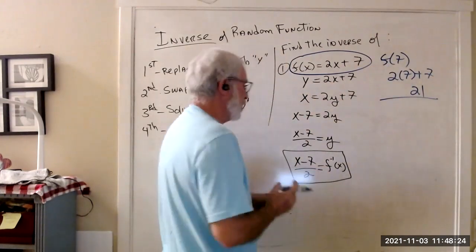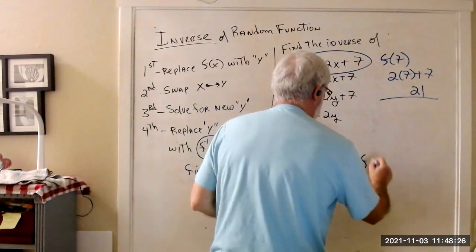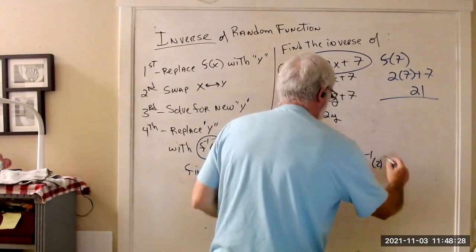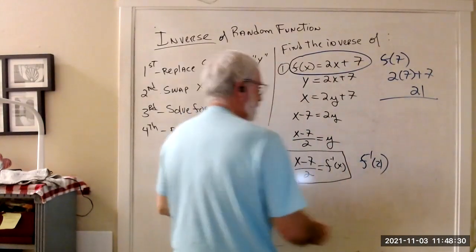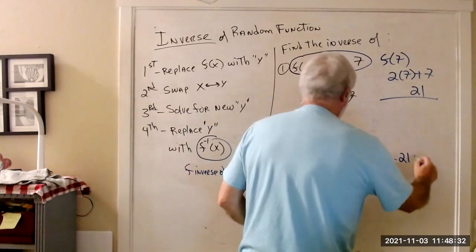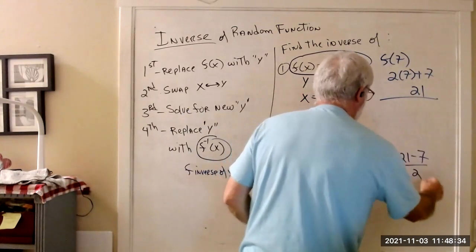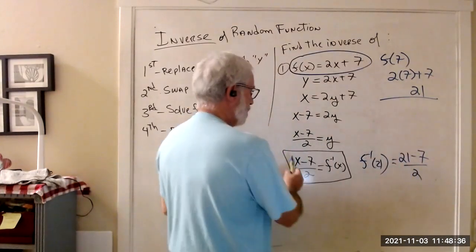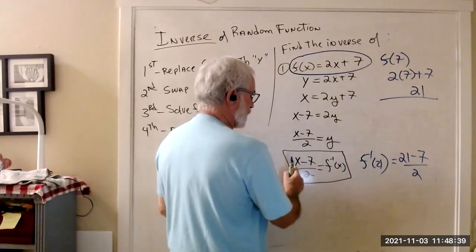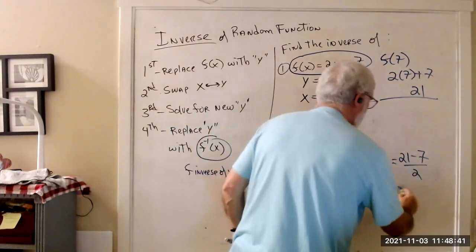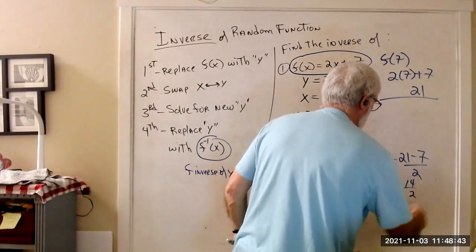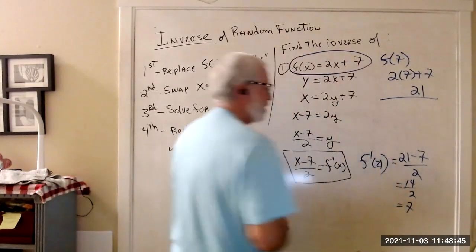F inverse will take 21, plug it back in. F inverse of x, plug it in for x. 21 take away 7 is 14 over 2, changes it back to 7.